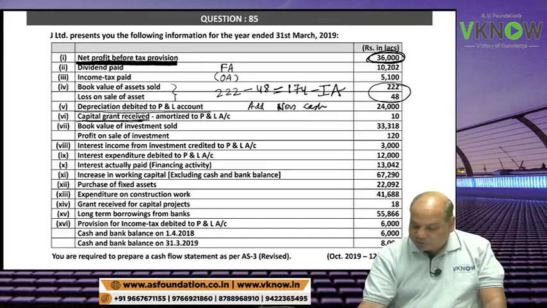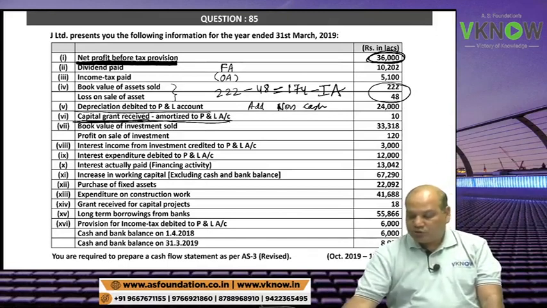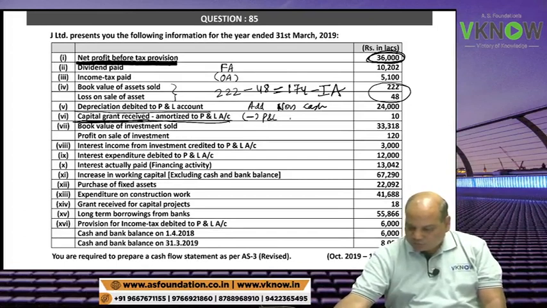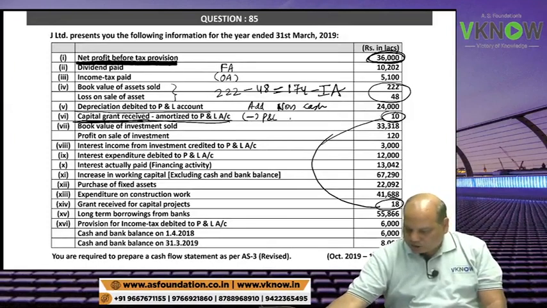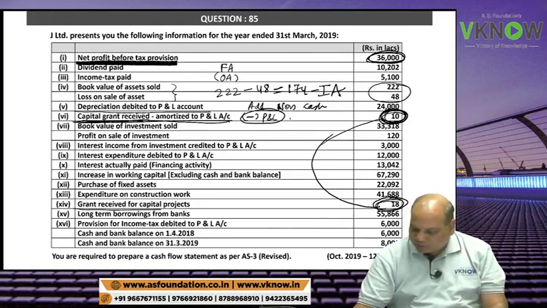Capital grant received amortized to P&L account. So you remove it from here, minus from P&L account, and there is a note here. P&L account you have credited 10 only. So 10 will be removed from operating activity in adjustment, but actual grant received is 18 for capital project.